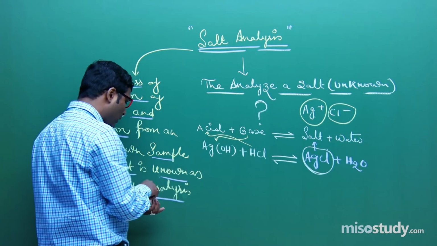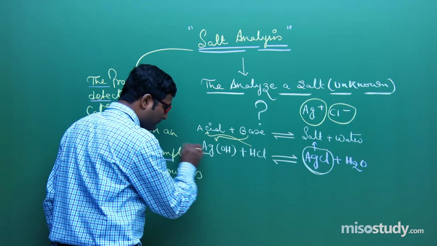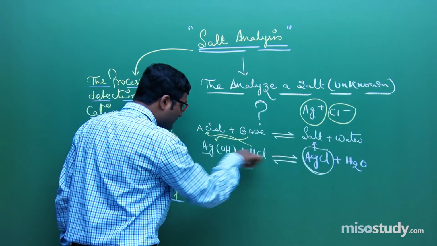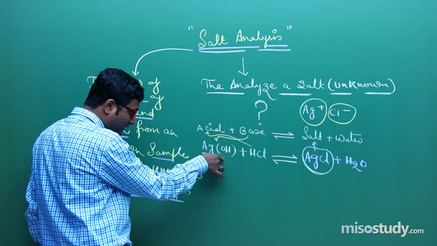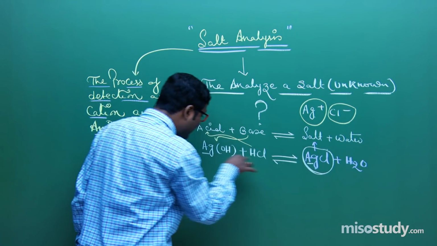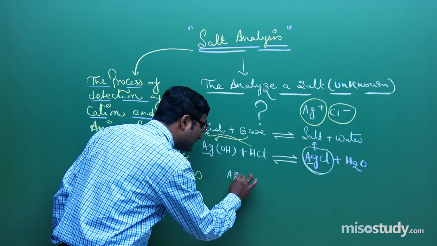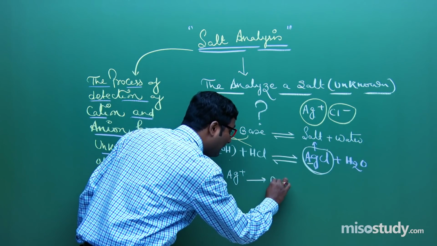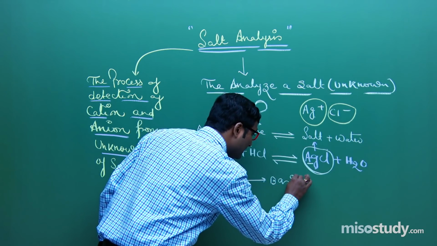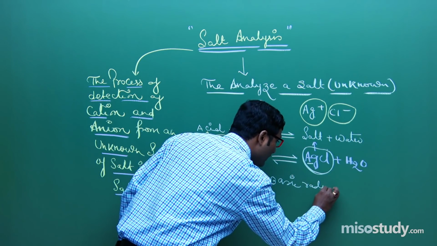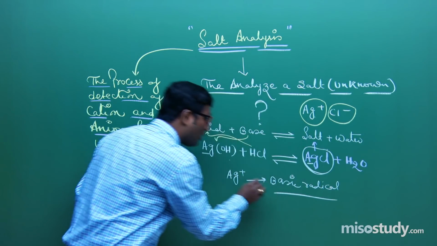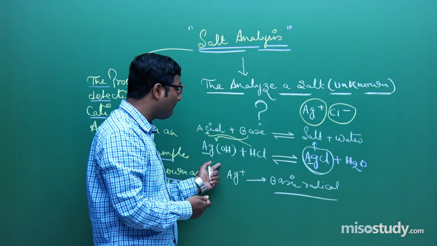If I talk about the Ag, this Ag is linked with a base, so this Ag comes from a base. So cations are nothing but basic radicals. Clear to you? Because the cations of salt come from base.